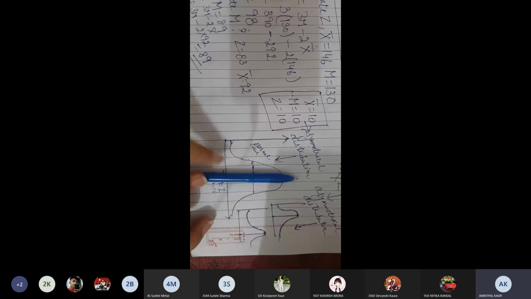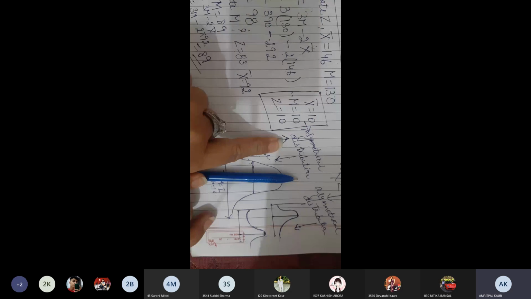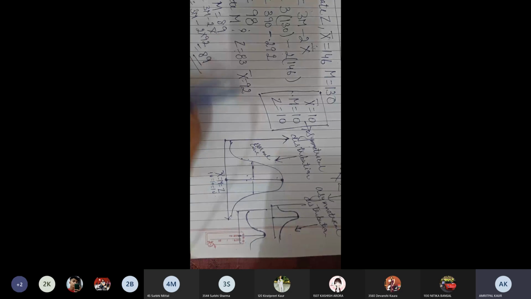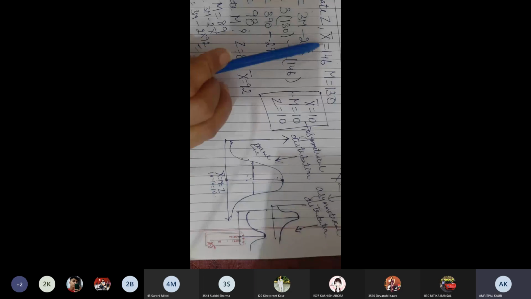There can be some statements where the values of mean, median, mode are different. Like in this case, I told you mean was 146, median is 130, so the value of mean is greater than median, and the value of median is greater than mode, because mode is 98. So there can be distributions where the values of mean, median, mode are different.